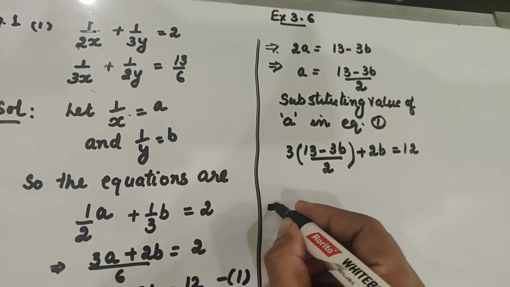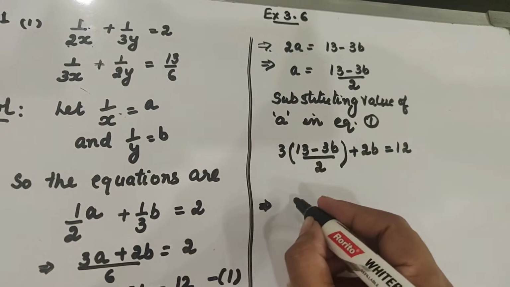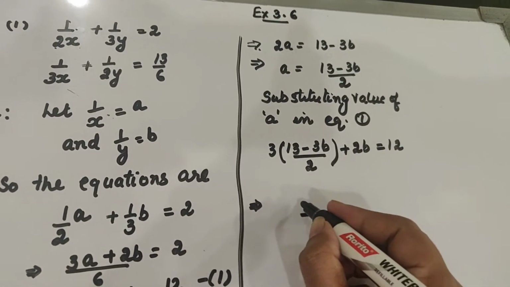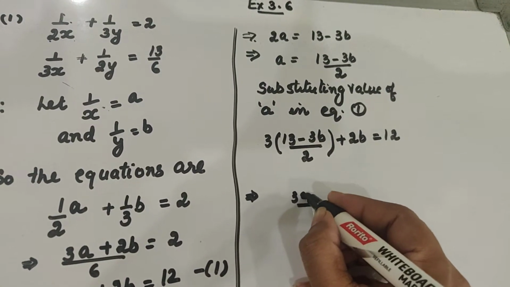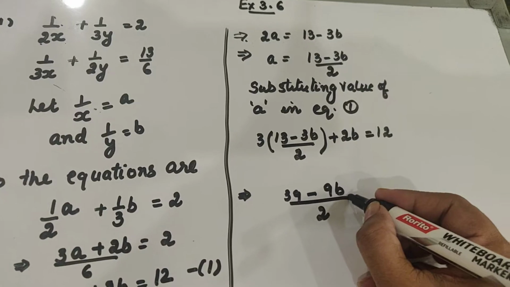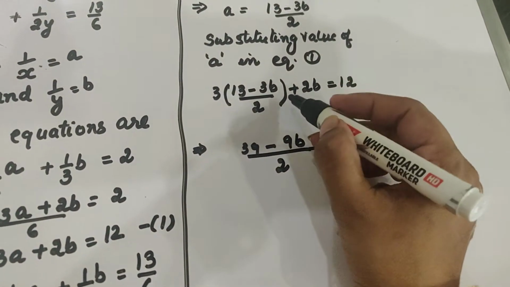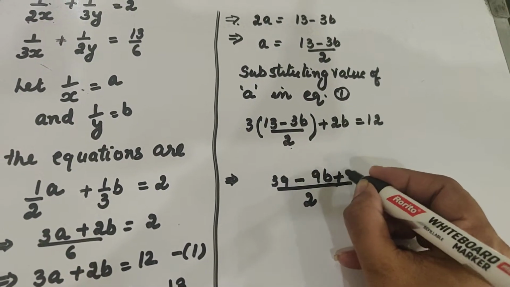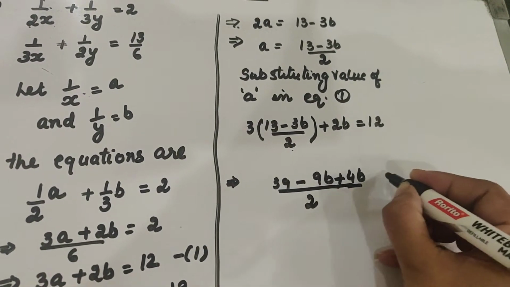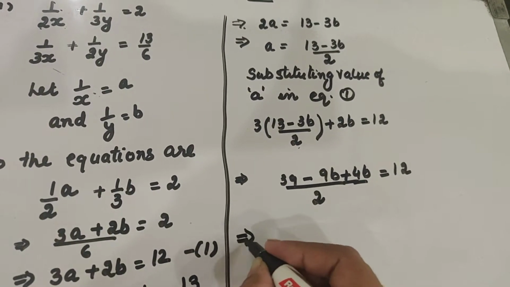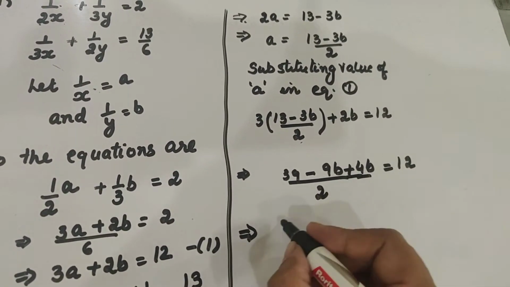So this will become, you can take the LCM as 2. This will become 39 minus 9b, and here 2b will be multiplied by 2 because we have taken 2 as LCM. This will become 4b is equal to 12. So this implies 2 will go to that side.